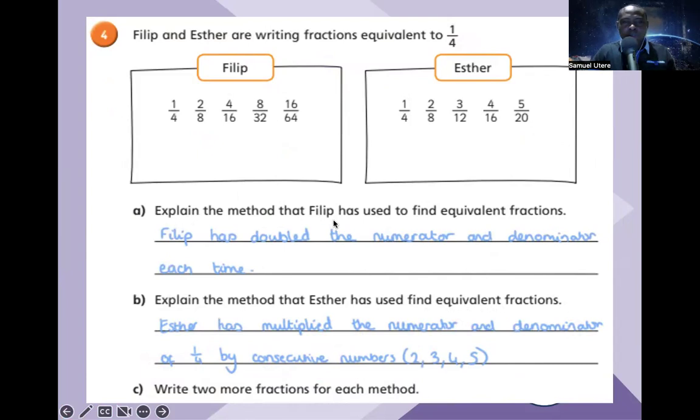A. Explain the method that Philip has used to find equivalent fractions. Well, Philip has doubled the numerator and denominator. That's why his numbers are like this. And then Esther has multiplied the numerator and denominator by a half.